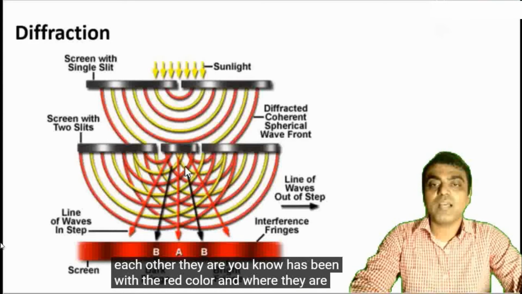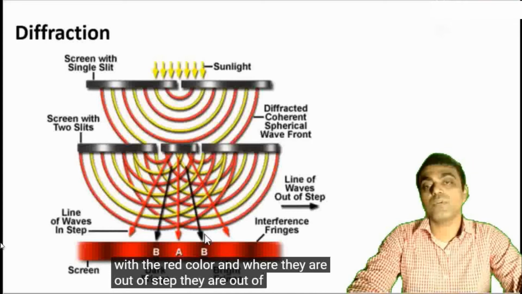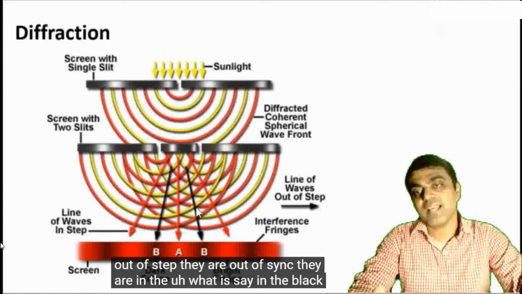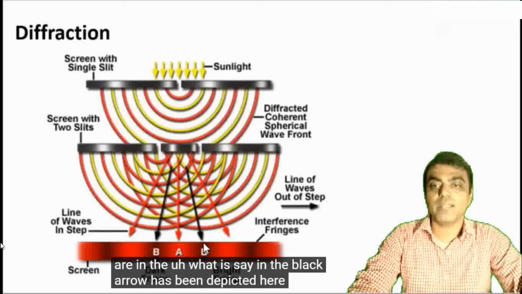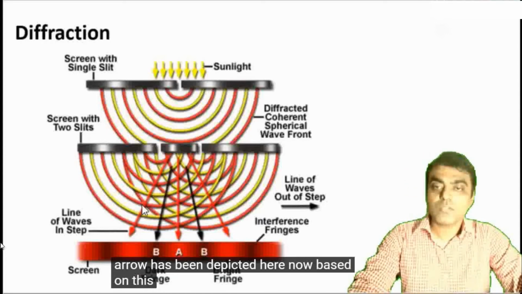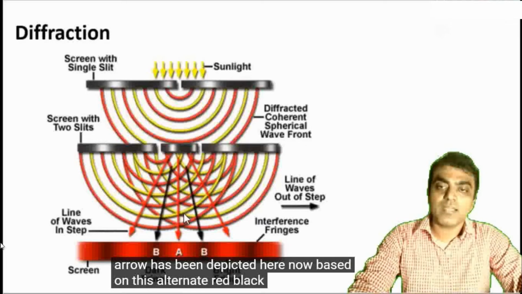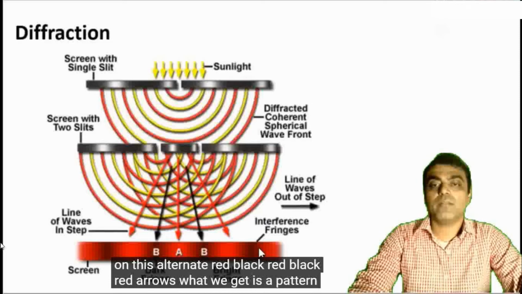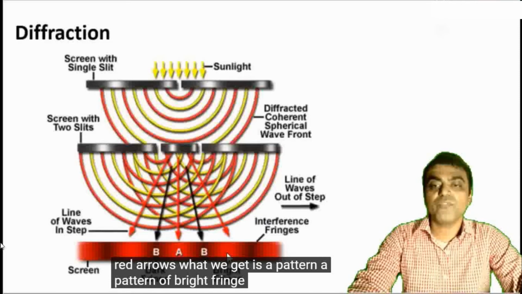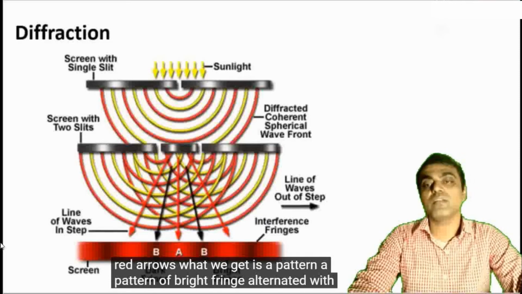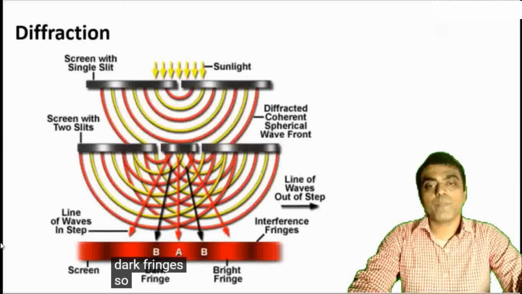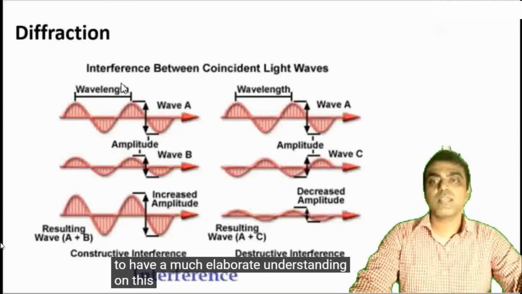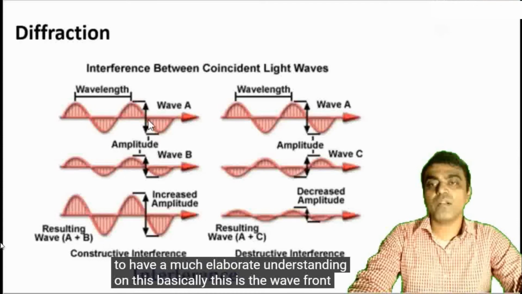Where they are out of step, out of sync, it is depicted with the black arrows. Based on these alternate red, black, red arrows, what we get is a pattern of bright fringes alternating with dark fringes.